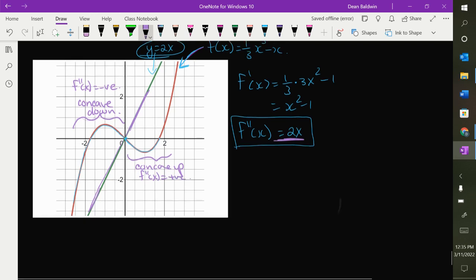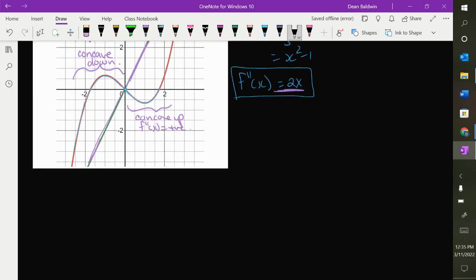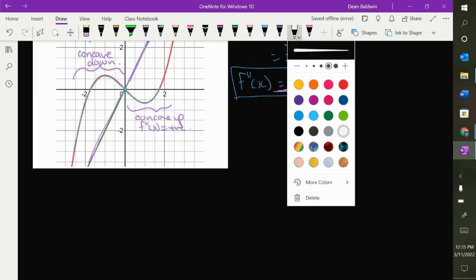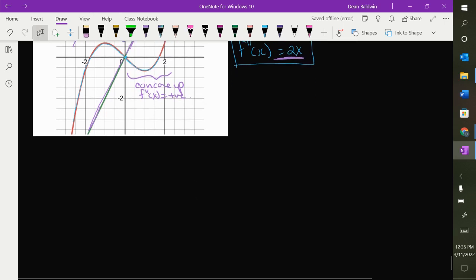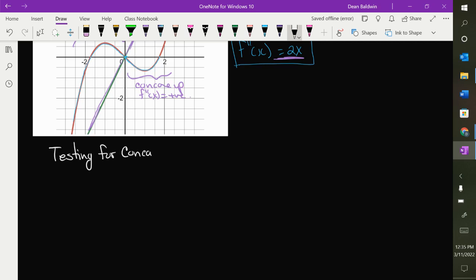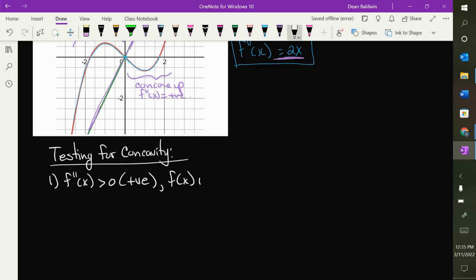Okay, so we can come to a conclusion here. Testing for concavity: if the second derivative is greater than 0, in other words positive, then your function is concave up.